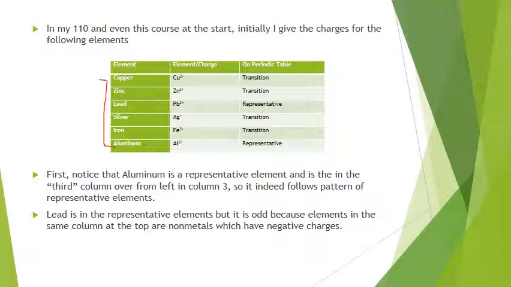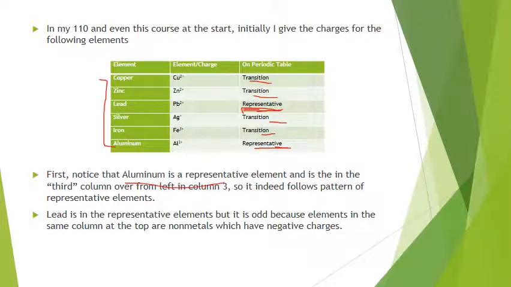Some of these are transition metals, and some are representative, though lead is kind of a weird representative, because it's in the same column as, I believe, carbon, but it's not a nonmetal, because it's on the other side of the zigzag line, so it doesn't have the same charge as the element at the top of the column. Then you have your transitions and then representative elements. We'll take a look at that.